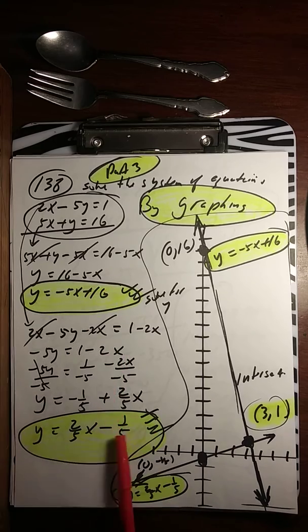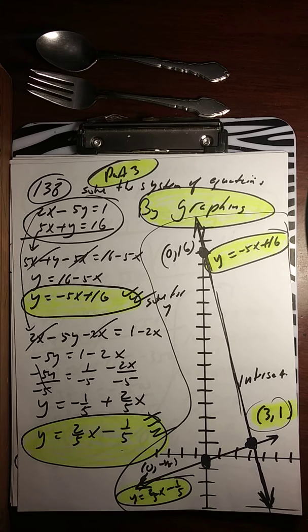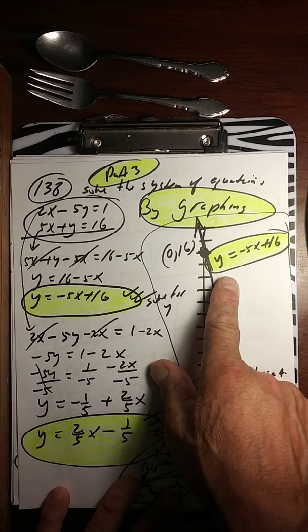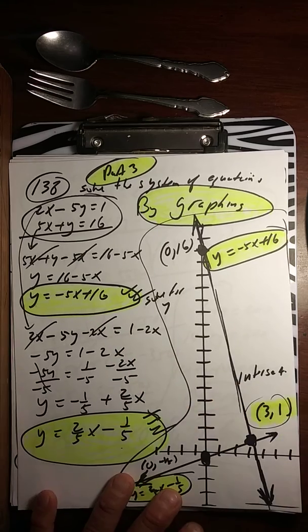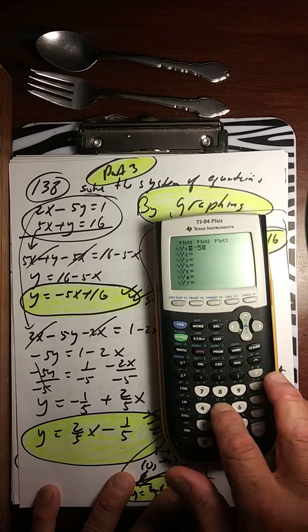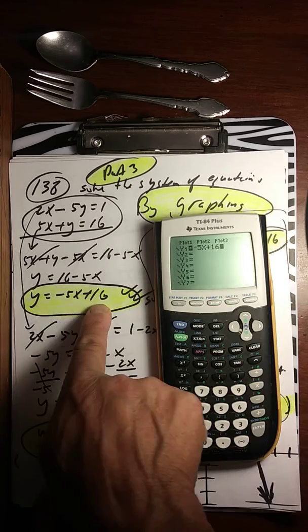So we have this one, we have this one. Perpendicular. Alright, so let's put this in our calculator here. So let's see, not perpendicular, it just crosses. Put in the first one, negative 5x plus 16, is that it?